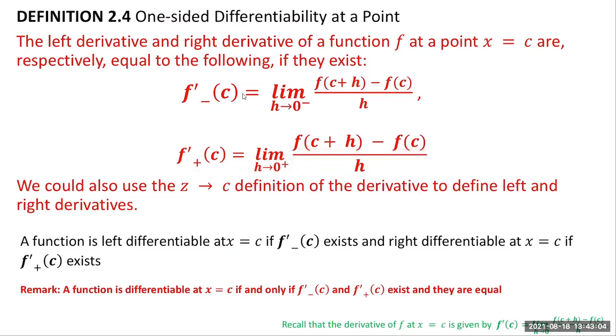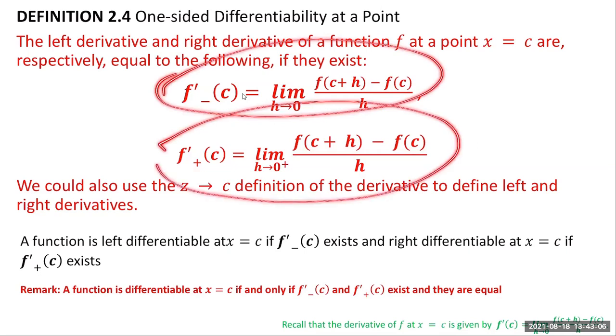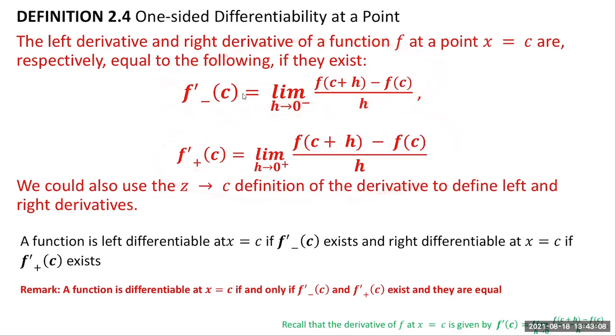Notice that these two definitions are a modification of the original definition of the derivative. Recall that the derivative of a function f at x equals c is given by the limit as h goes to 0 of f of c plus h minus f of c divided by h. To get the left derivative, you put a minus sign here. To get the right derivative, you put a plus sign here.